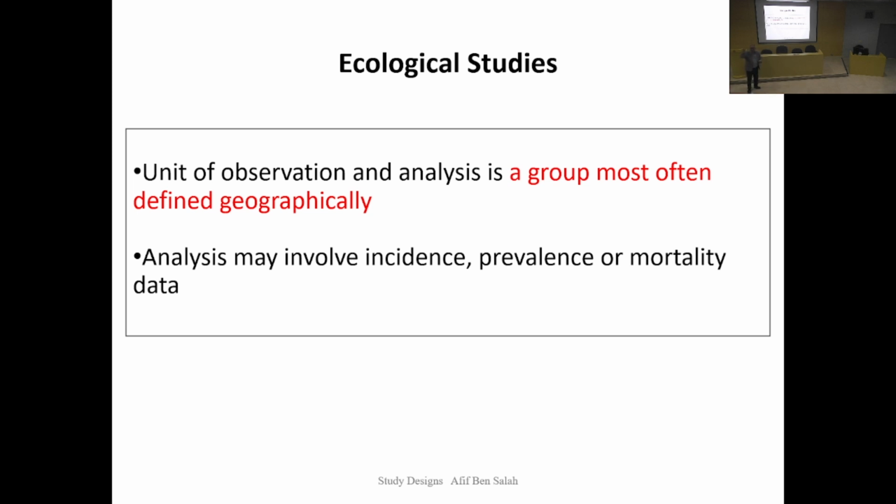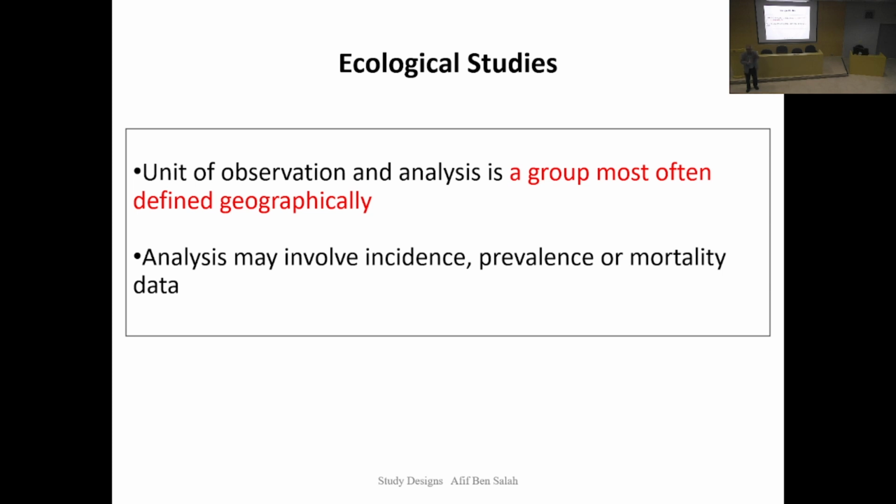For example, we take the rate of cancer in Bahrain, in Kingdom of Saudi Arabia, in Oman, etc. So we measure the overall picture in a whole population group. You can imagine that what we are measuring is among the total population.